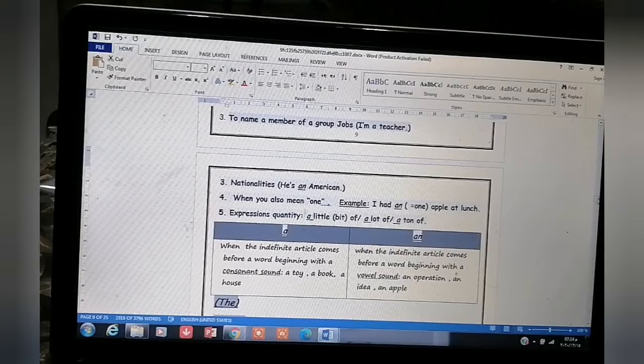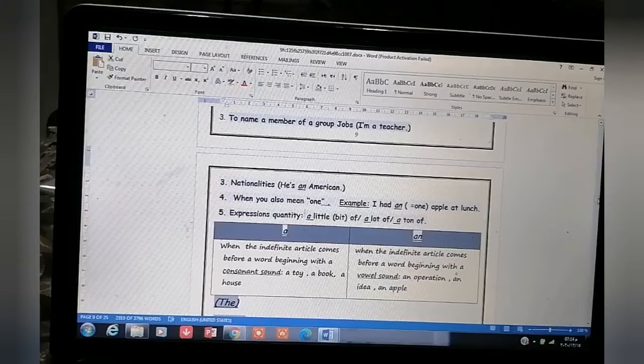Now, look at this example. A toy, a book, a house, a chair, okay? Let's move to an. The indefinite article comes before a word beginning with a vowel sound: an operation, an idea, an apple, an orange, okay, etc.